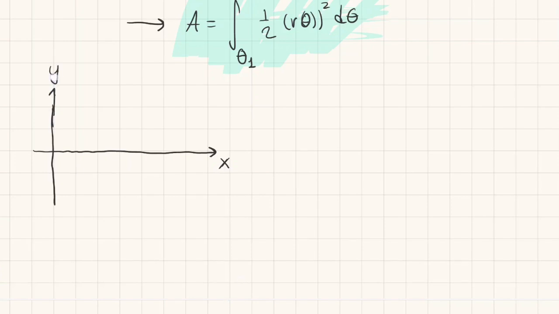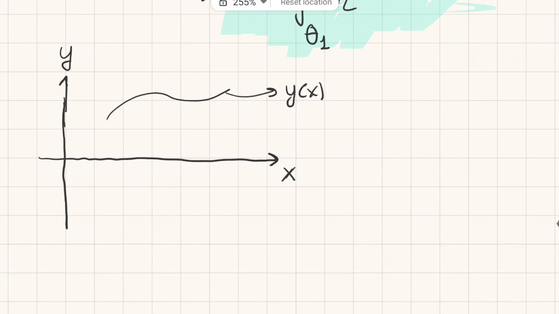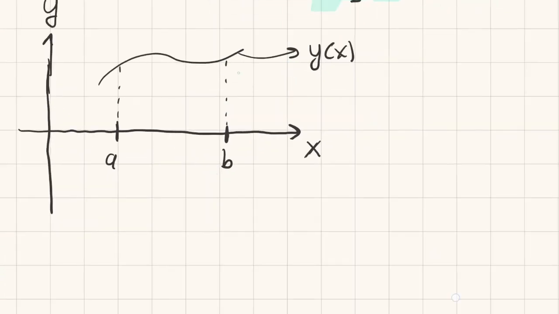So we have a function in the xy plane given by y of x, right? And we want to measure from A to B the area of the surface of revolution that is a result of rotating this curve around the x-axis, for example. Yeah, it can also be around the y-axis, but for now, for simplicity, we are going to consider only the x-axis rotation.